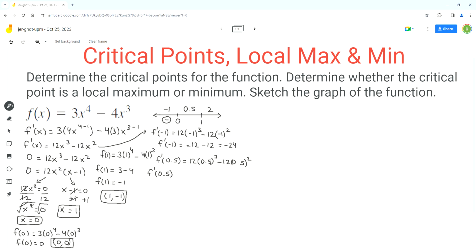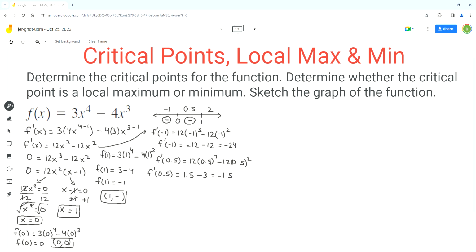So 0.5 cubed is a positive number, and times 12 is equal to 1.5. Then minus 12 times 0.5 squared is equal to 3. So we get -1.5. So we got a negative value for f prime.